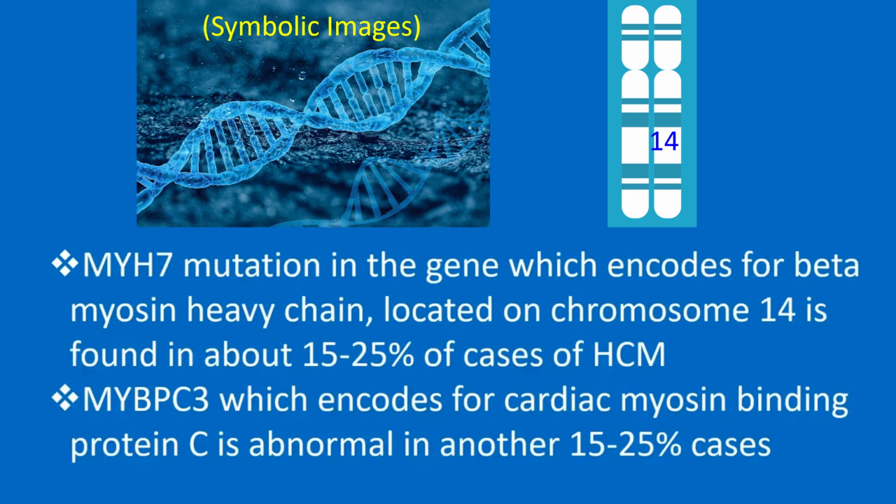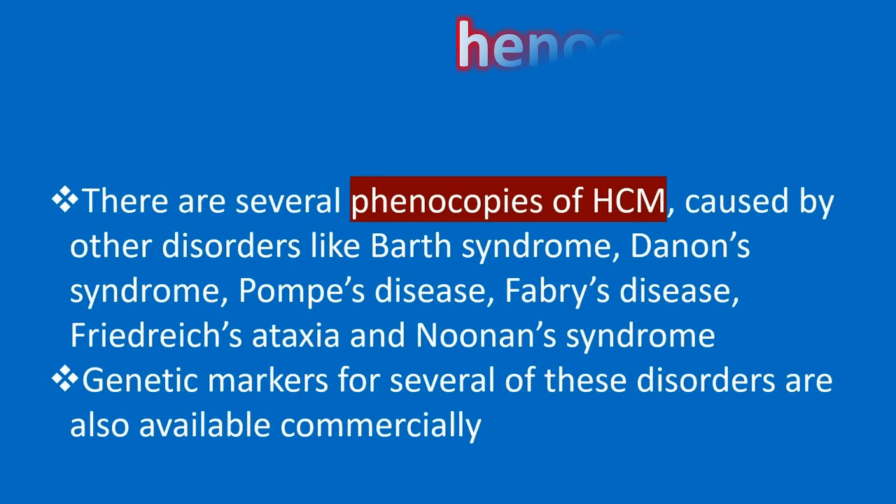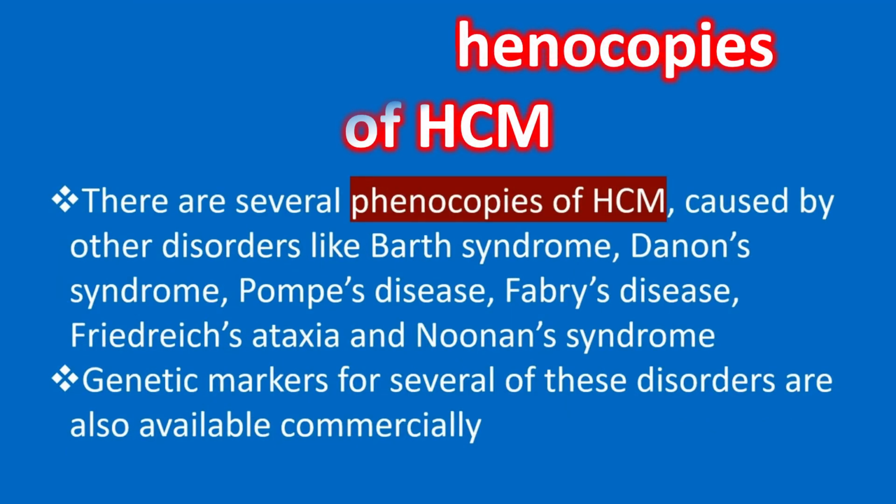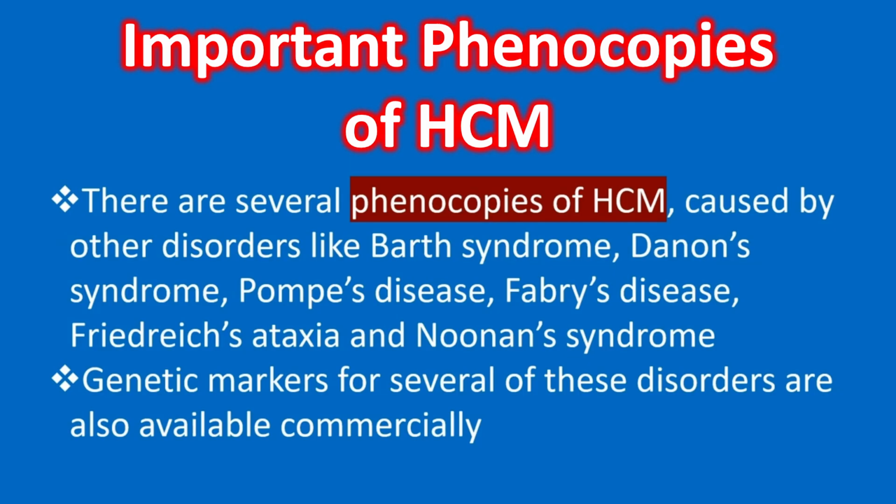Besides these, several other mutations have been described, some of which are available for commercial testing. There are several phenocopies of HCM caused by other disorders like Barth syndrome, Danon syndrome, Pompe's disease, Fabry's disease, Friedreich's ataxia, and Noonan syndrome. Genetic markers for several of these disorders are also available commercially.